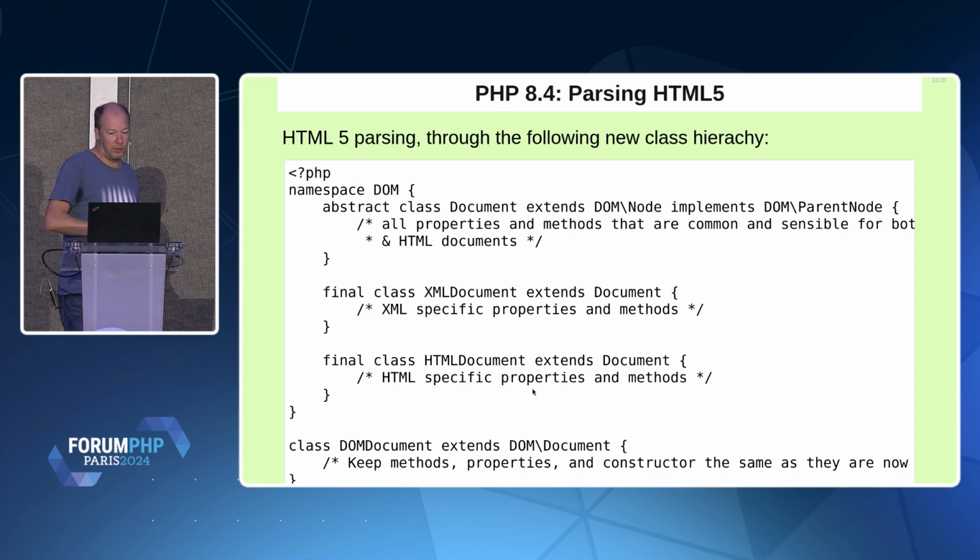For a long, long time, PHP has had an HTML and XML parser, backed by libxml. So libxml is something that most of you will have used, and it implements HTML4 parsing. Now, how many of you are still using HTML4 on your websites? Probably not so many. Most of the time, it's now all HTML5.